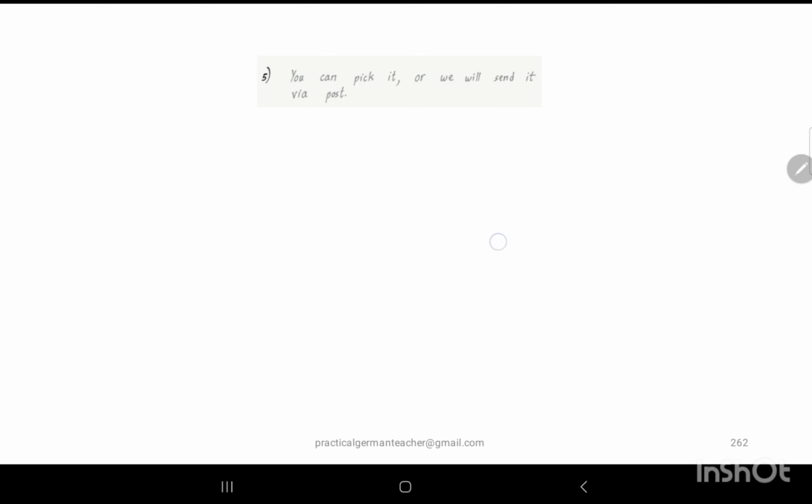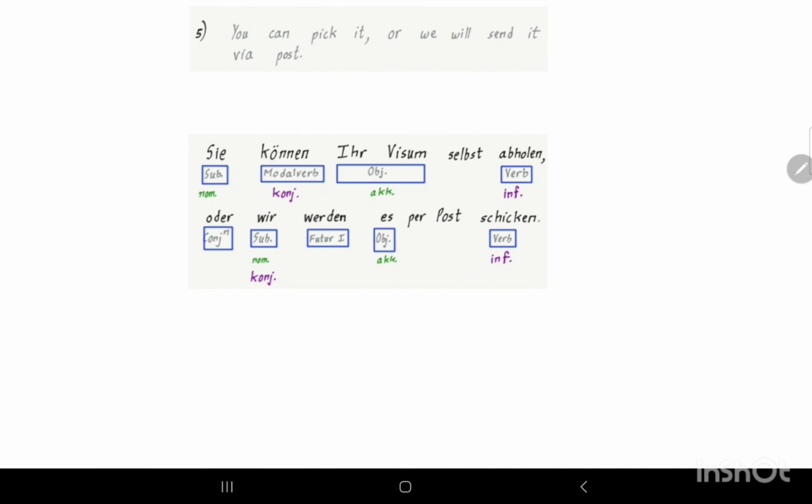So Sie können, okay, I think I wrote first of all the visa, then I just replaced it with it. So it should be es over here. But if the sentence was you can pick your visa, then it would have been ihr Visum. Okay, I go with Sie, plural, singular, and second person formal. Sie can also mean over here plural, but we never know.